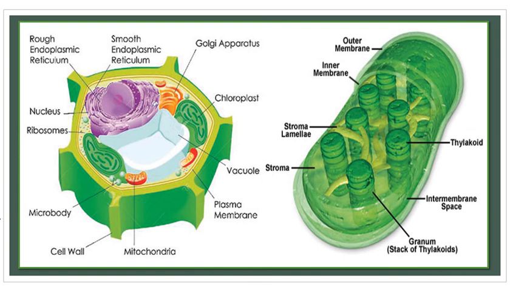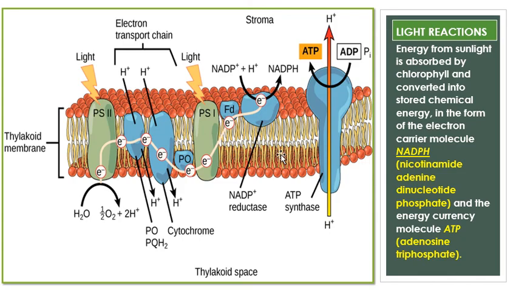Therefore, the light reactions happen in the thylakoid space. In the thylakoid space, this is the cross-section of the process of the light reactions. This is the thylakoid membrane. We see here again that the light reactions are light-dependent, meaning they depend on light.